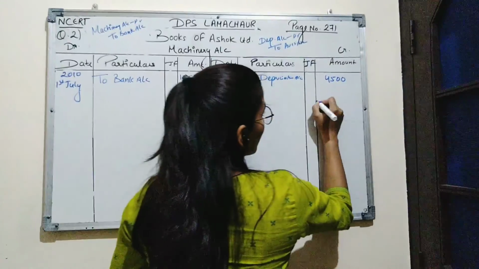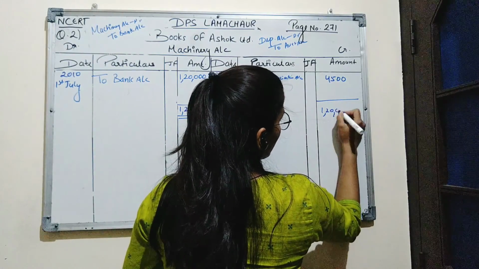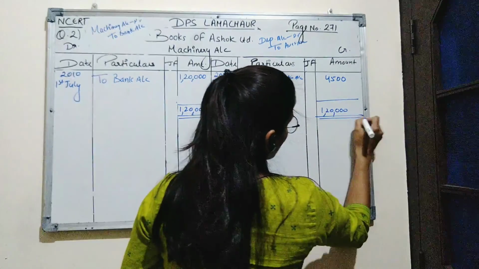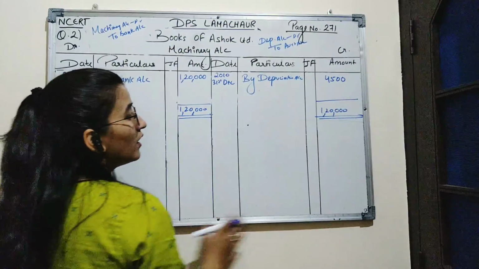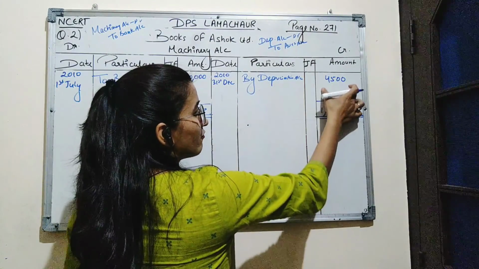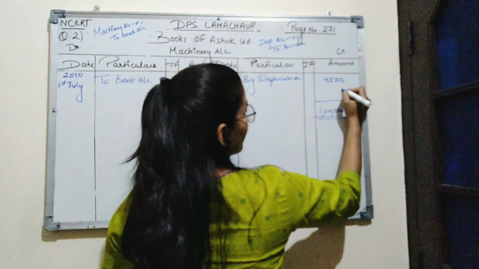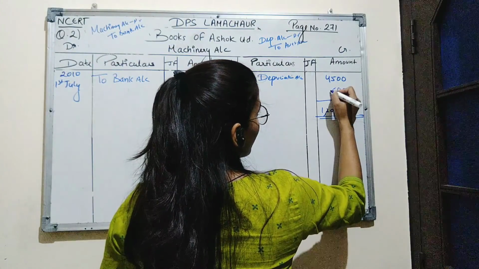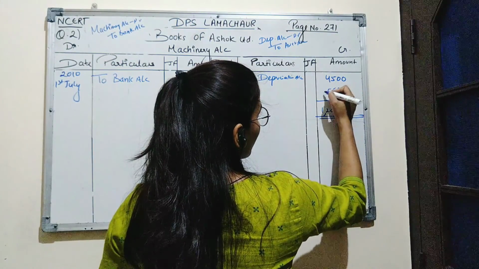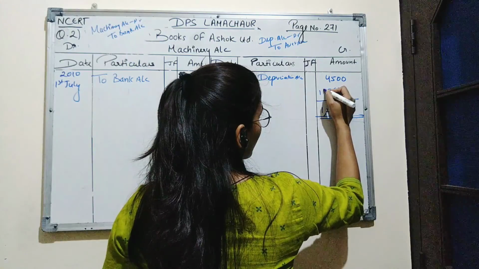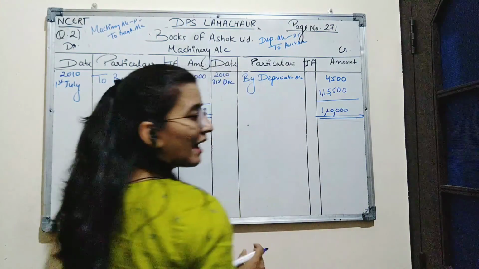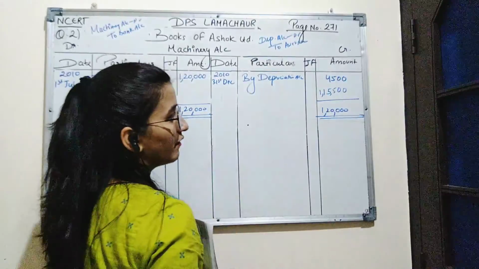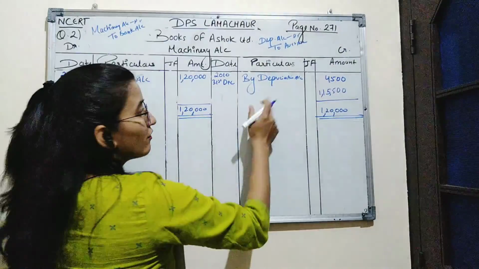So here we will write 1,20,000 as the total of the credit side also. Now the balancing figure here will be 1,15,500.